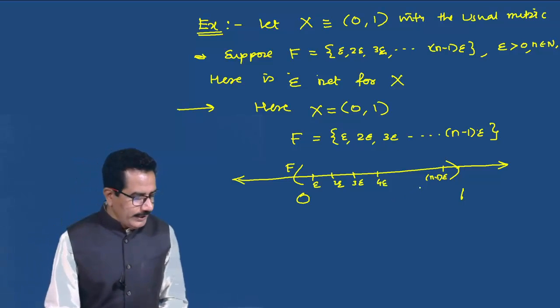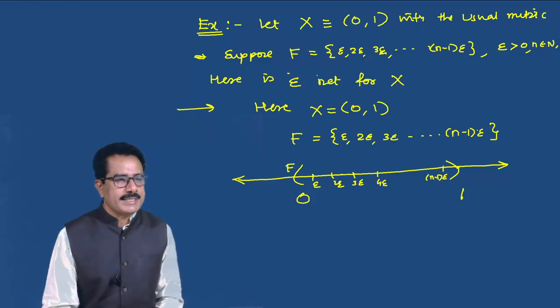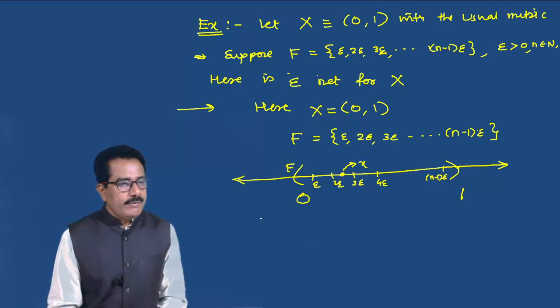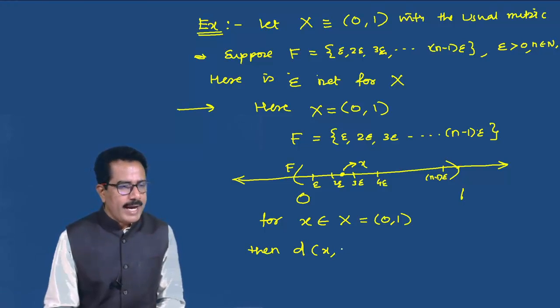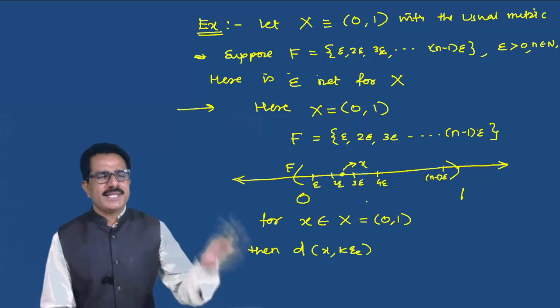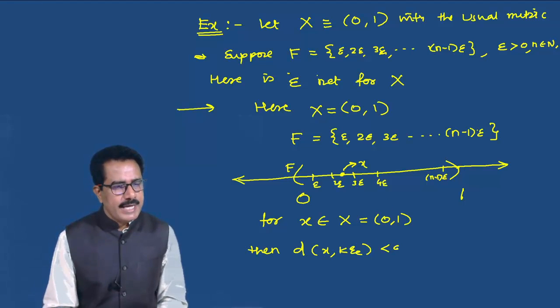Then if you take any point x here, suppose this is x, then we have for small x belonging to capital X, which is 0 to 1, the distance of x comma k into epsilon, for some k, is less than epsilon.